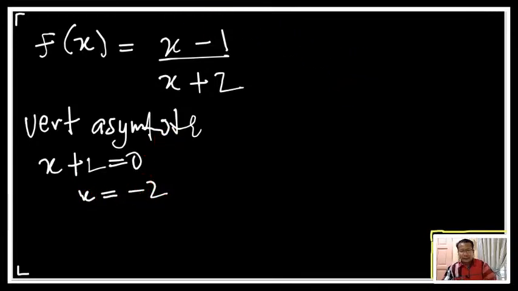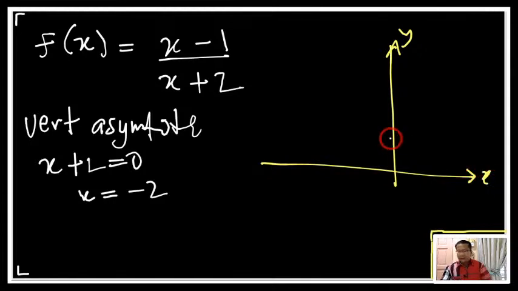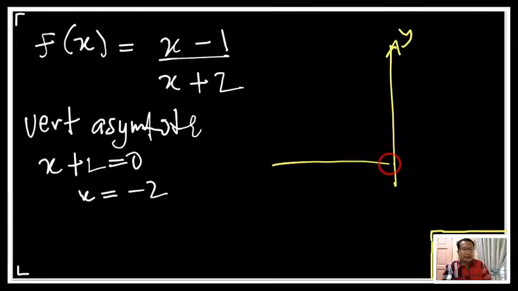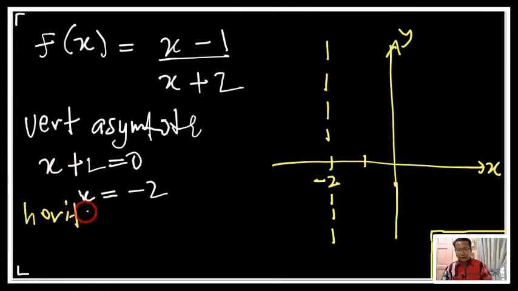So if you sketch the graph now, this is your y-axis, this is your x-axis. You have minus 2, minus 1. This is your vertical asymptote. Don't cross this line. For your horizontal asymptote, find the limit.